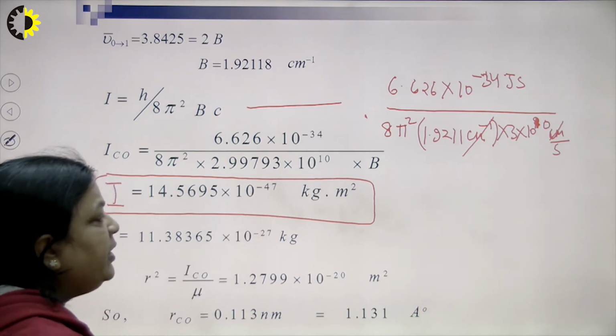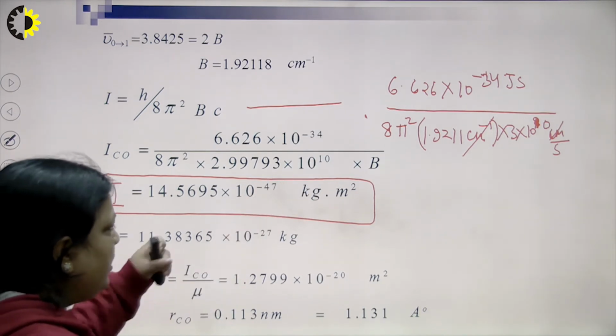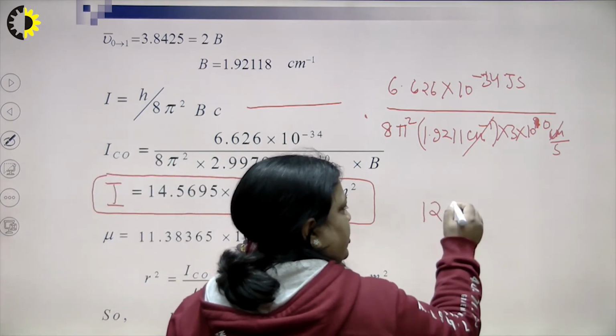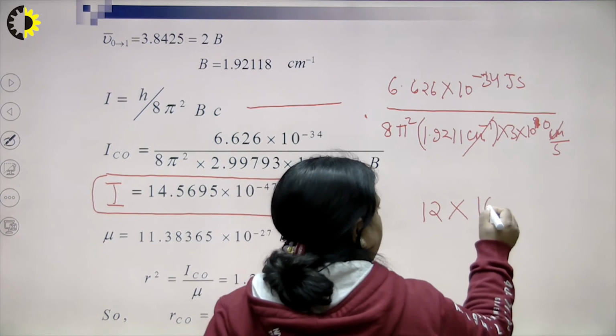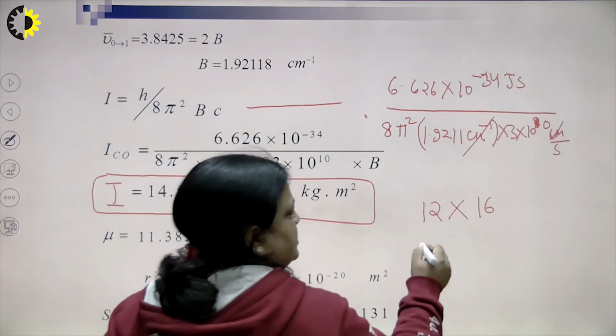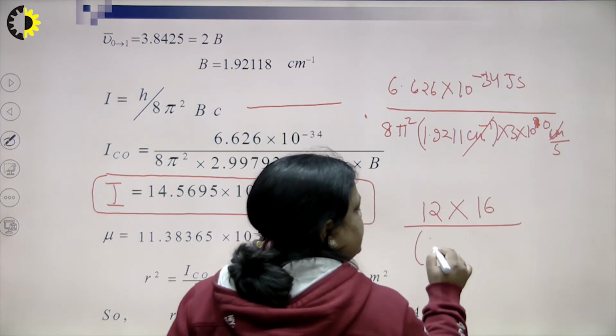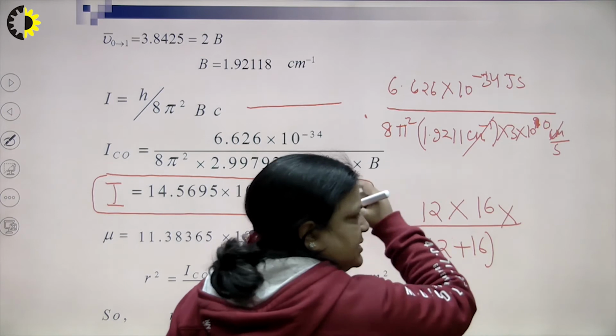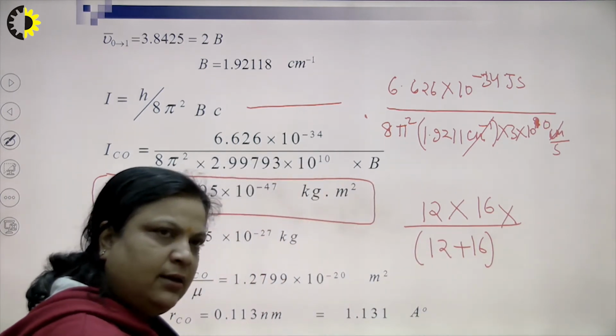Now, we can calculate mu, M1 M2 upon M1 plus M2. For carbon, the mass is 12, and for oxygen the mass is given as 15.9994, 16 you can write, so 12 and 16, and then multiply with 1.67 into 10 to the power minus 27 kg.